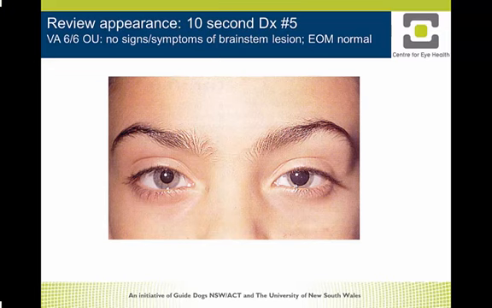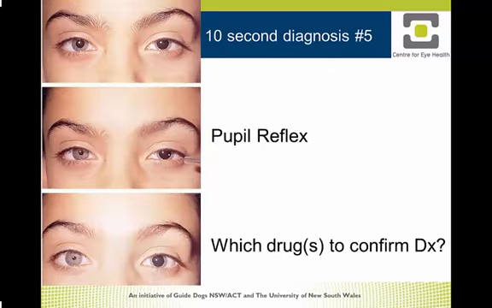pharmacological type of involvement. So when you look at pupil reactions, you can stimulate this eye, pupil constriction, so the afferent loop is normal. If you stimulate this eye, you get pupil constriction and no reaction here. Now, if you had a compressive lesion leading to this dilatation, if you put a constricting drug here, the pupil should constrict.